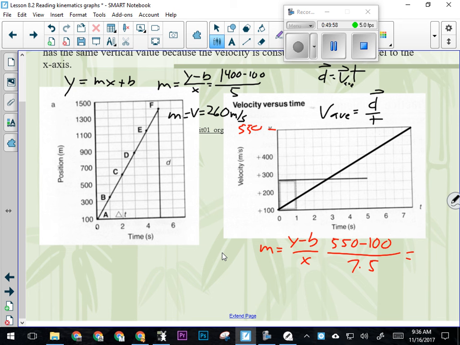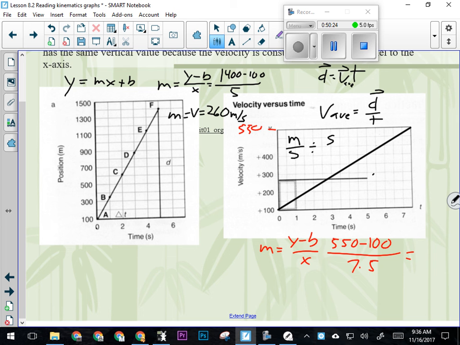No, it's meters when I calculated the area here. Okay, so just to not confuse you here, when I calculated this displacement, I went velocity, meters per second, times seconds. That made the seconds cancel and left me with meters. But when I calculated the slope of this line, I went meters per second divided by seconds.